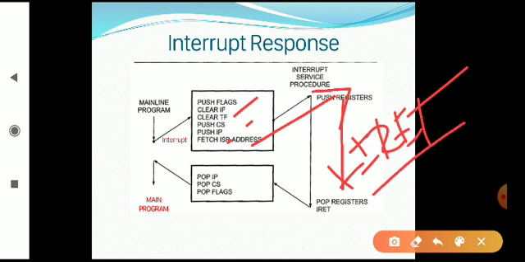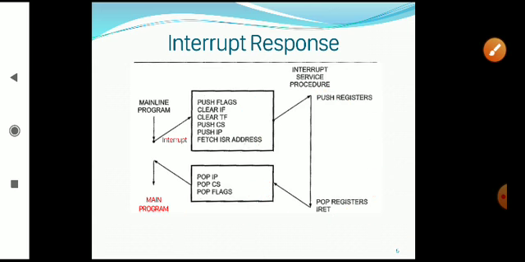By executing the IRET instruction, it pops all the values back into the CPU, and then the processor resumes the normal program execution from the point where it was interrupted before the interrupt occurred. So these are the steps followed when an interrupt occurs in the processor.